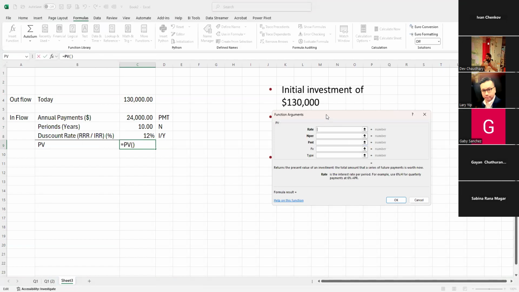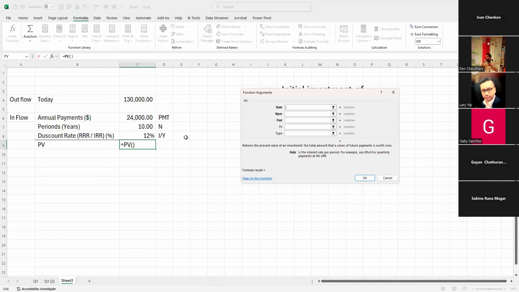We're going to use this function. First, it's going to ask us for the rate. So our rate will be the interest rate, the discount rate that we're using. Then it's going to ask us for N period. That is the total number of payment periods of the investment. So in total, we're going to get 10 payments. What's the amount of the payment here?